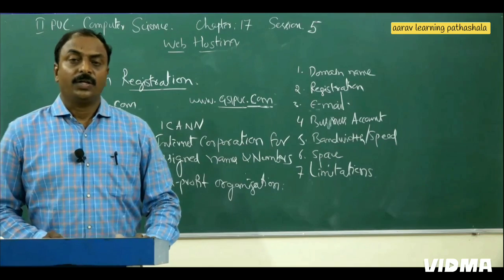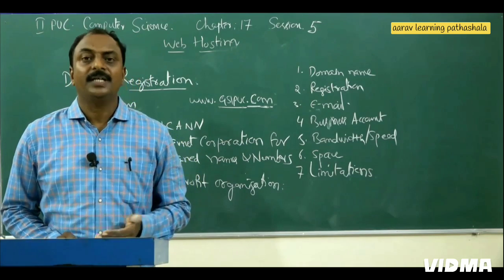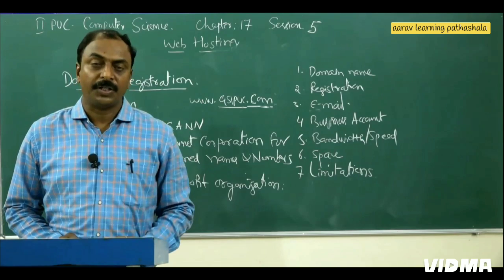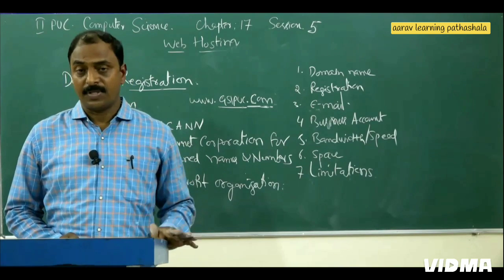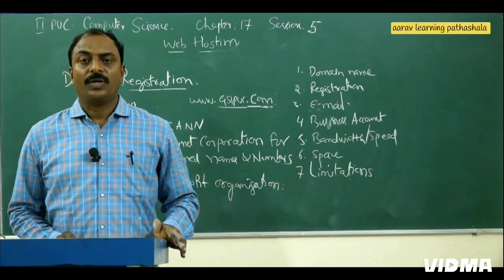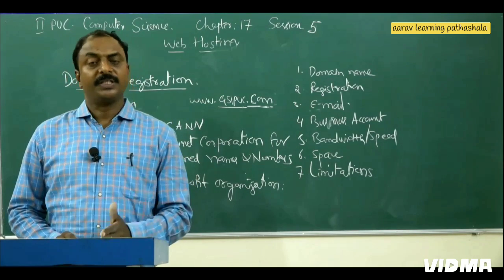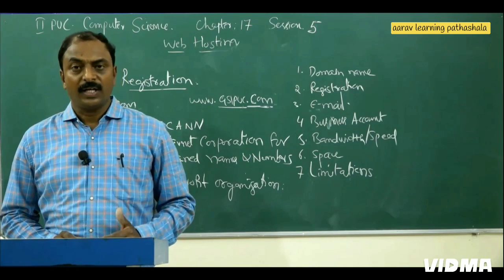Here, whether it supports different types of content, different types of information. What is the meaning of different types of information? Take an example: .doc is a type of file, .xls, .ppt are types of files.